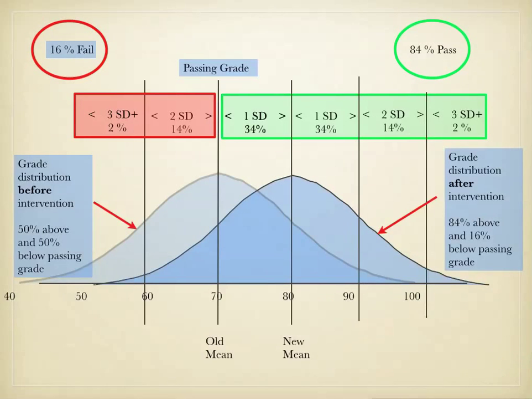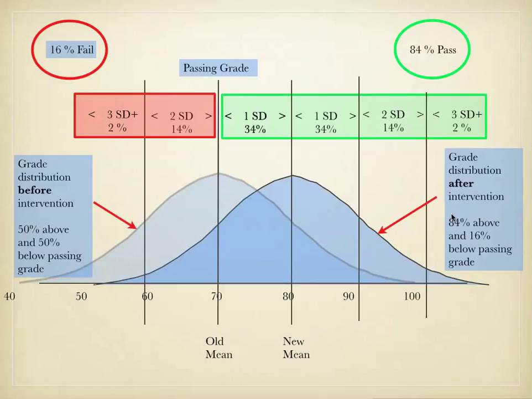And now watch this new bell curve. Here's the bell curve of the individuals before the intervention. Here's the bell curve of the test scores of individuals after the intervention. There was a passing score of 70, but now look what percentage of the population is above this mean score, which is the passing score.